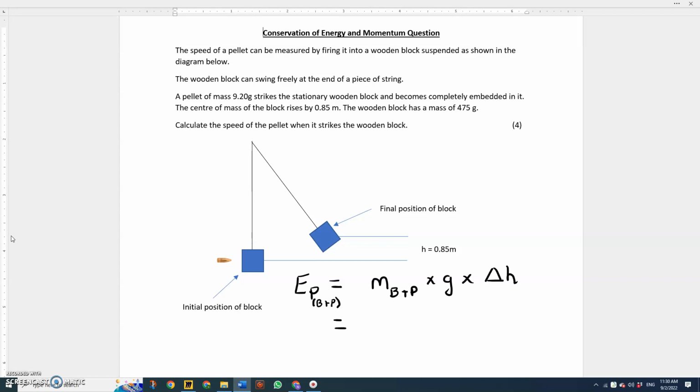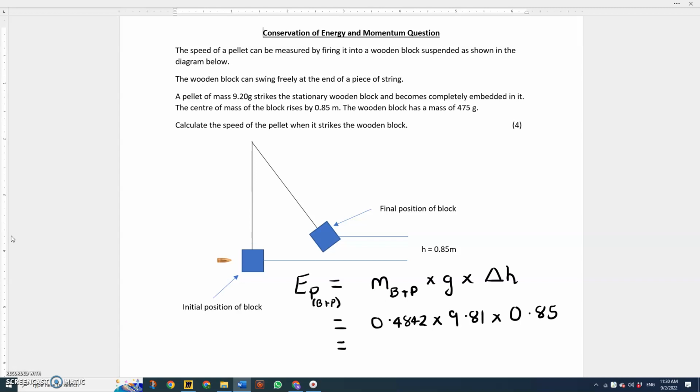So if we calculate that, the mass of the block and the pellet added together is 0.4842 kilograms, changing that from grams to kilograms, and gravitational field strength is 9.81, and the height that the block is raised to is 0.85.